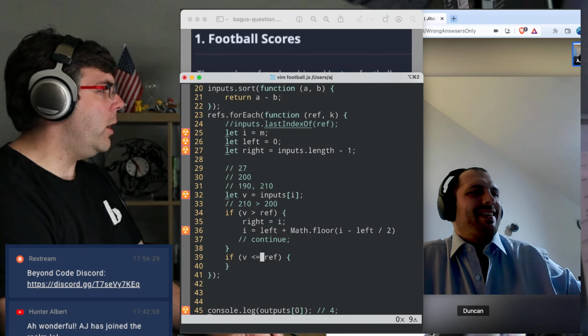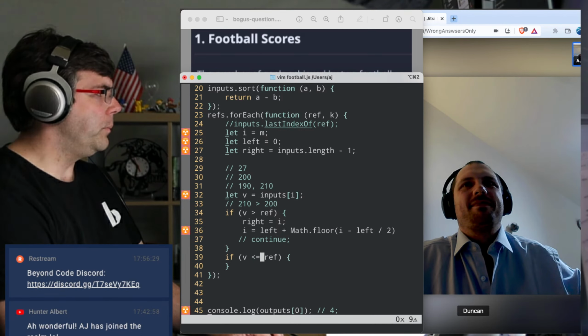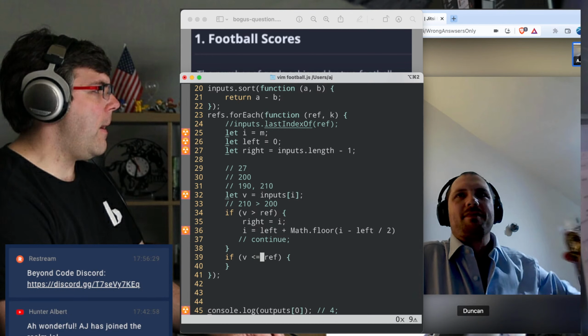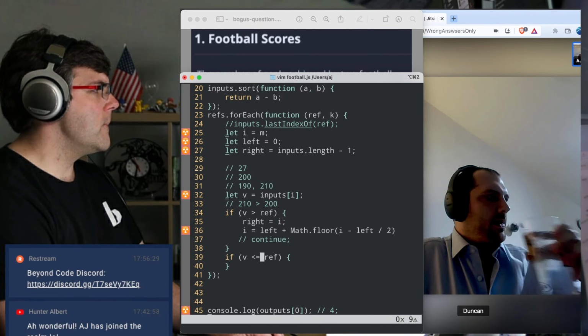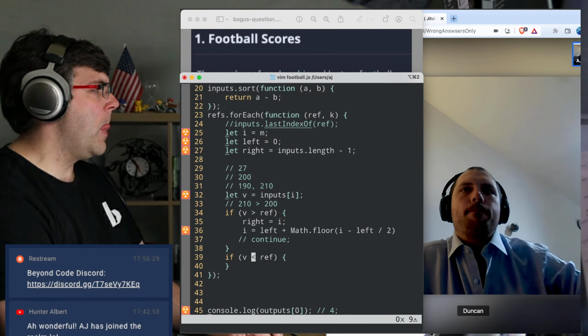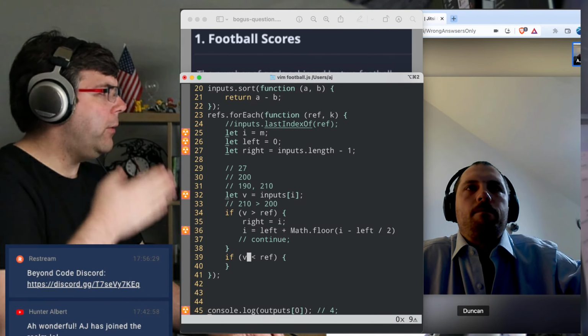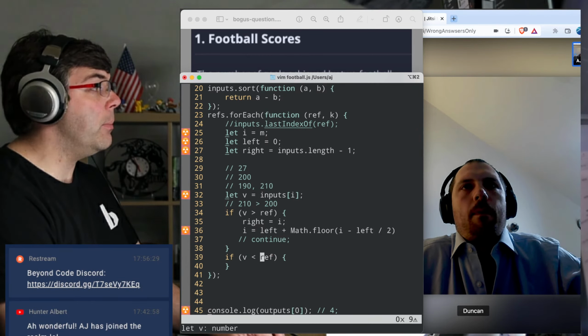All right, so this one, if our value is less than or equal to, let's see, if it's less than, we are still going to run into the case where we need to go as right as we can once we've found a value, because we may have duplicate values. It's not likely, but it's possible.